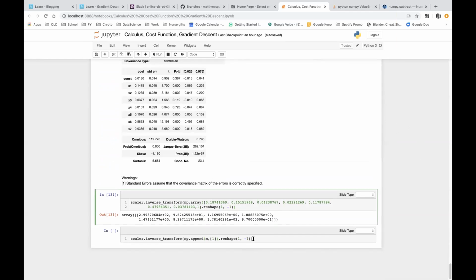Wait, your reshape. Transform. Oh, I think I know what's wrong here. It's just a bracket I put in the wrong place. Yeah, I now get the result.